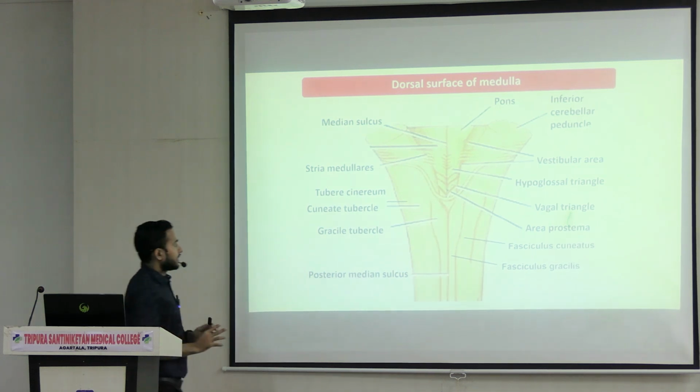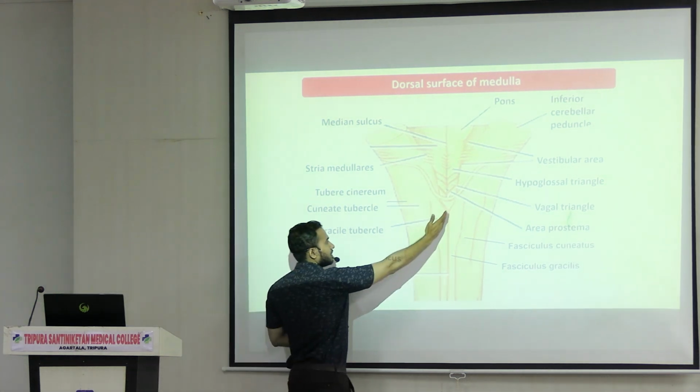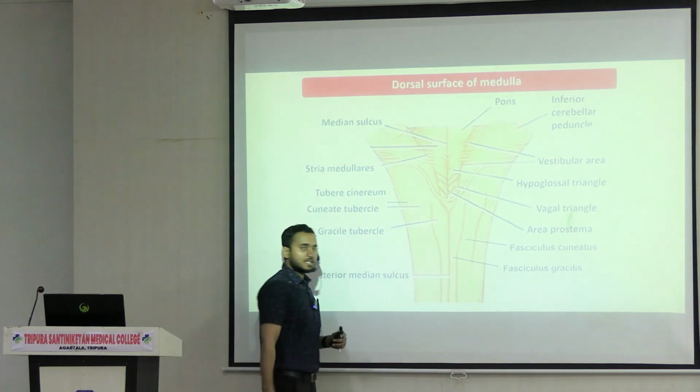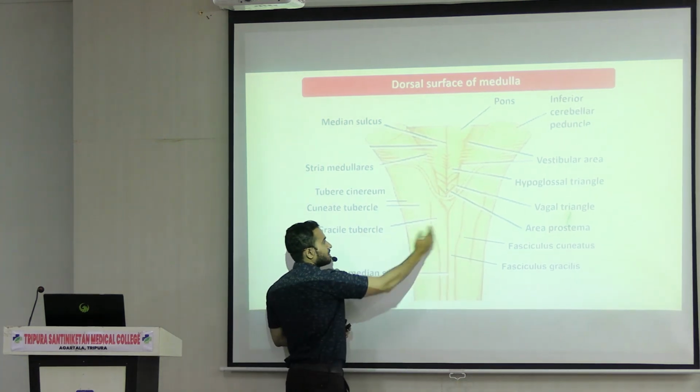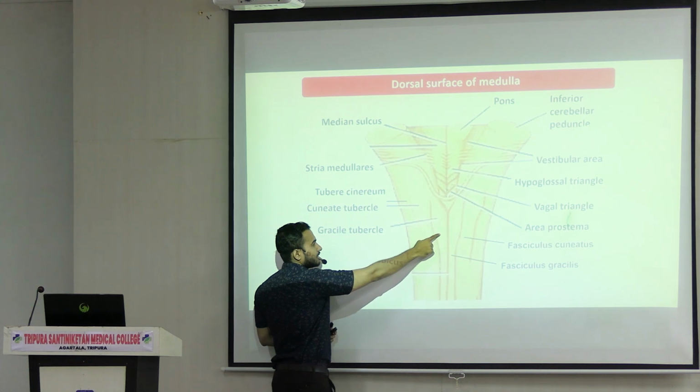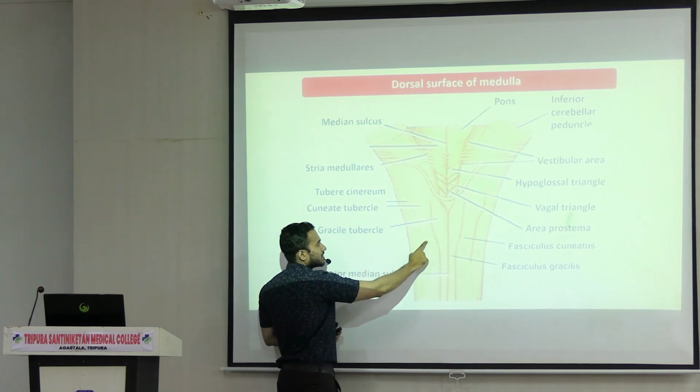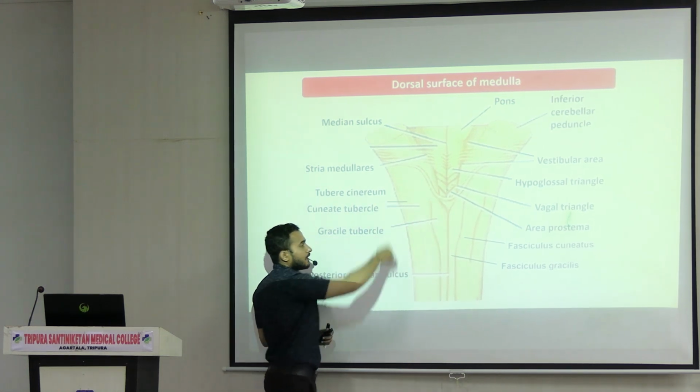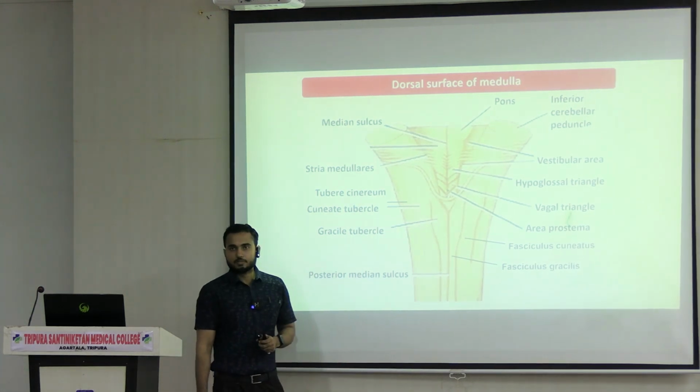So what happens in the posterior aspect? First of all, the posterior median sulcus is there. Then if you come laterally, you get the fasciculus gracilis, fasciculus cuneatus, and then the inferior cerebellar peduncle.